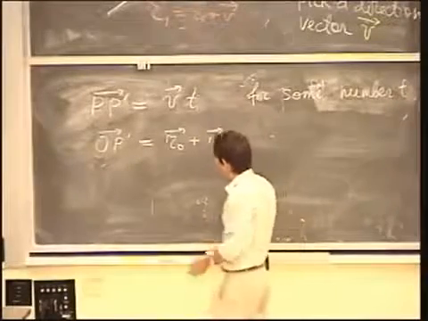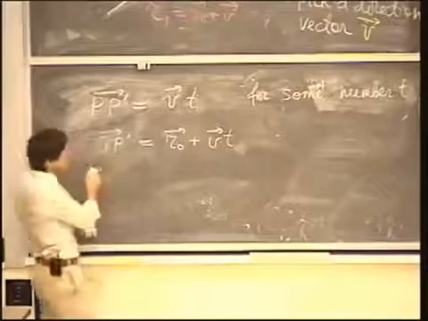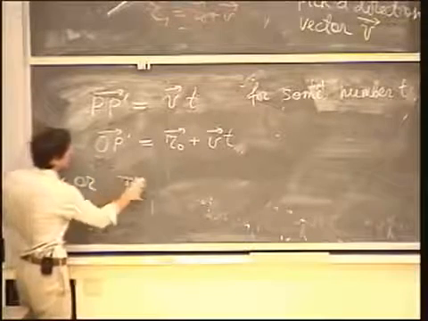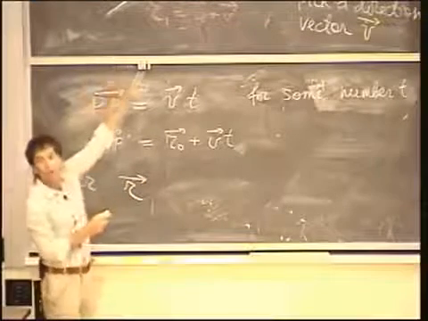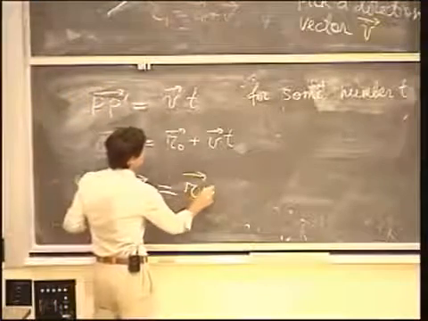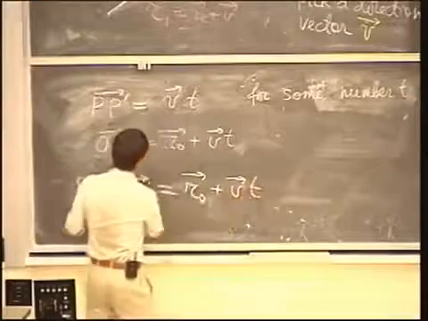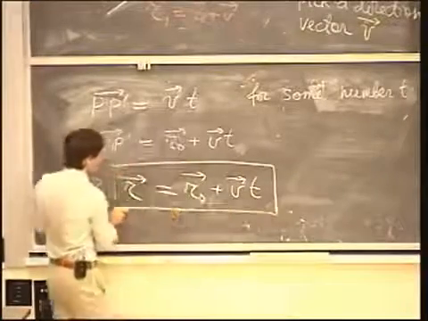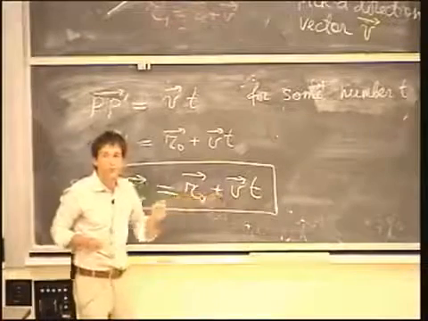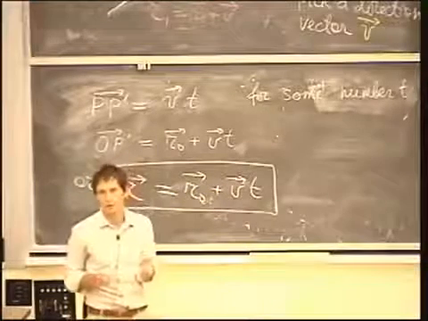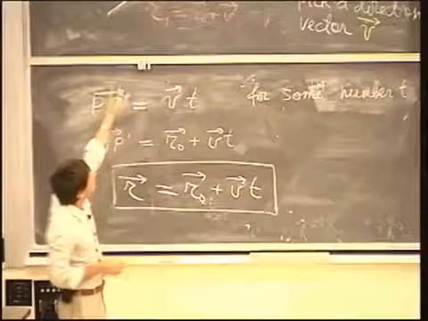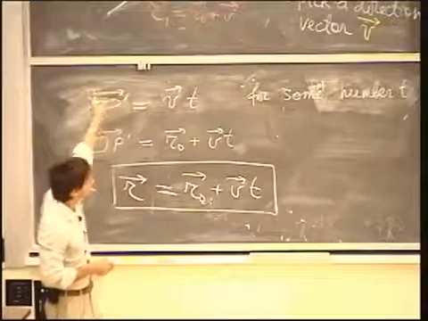So in other words, we can write the position vector, say r, for a general point on this line as r0 plus vt. And that's going to be the crucial formula. So you see, we have exploited the notion of addition of vectors. This is why it was important to talk about vectors and about addition of these vectors, because otherwise it wouldn't be so clear how to get to those other points which belong to the same line.